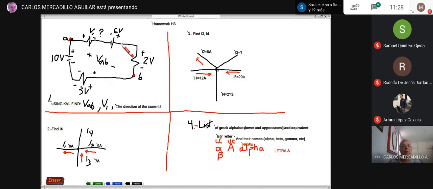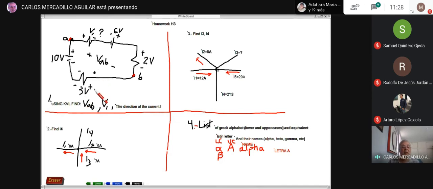Later, we have to observe the polarization of the resistors. They are plus, minus, plus, minus, plus, minus, which means that in this case, all three are voltage drops, okay?